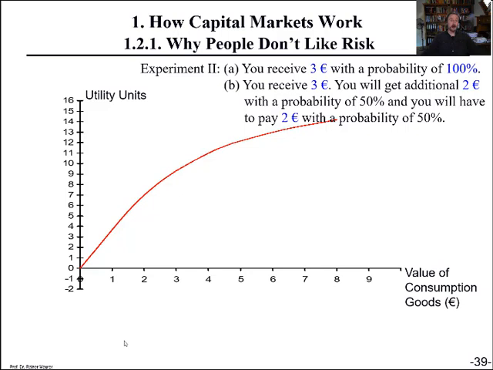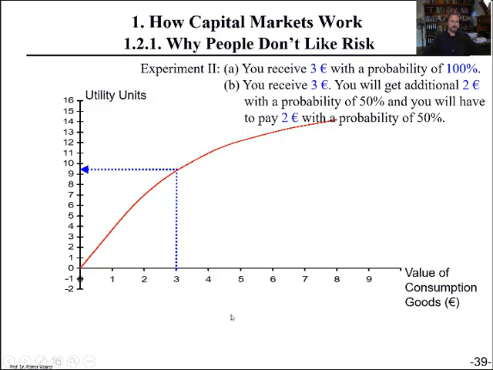To understand why, let's apply such a utility function to our second experiment. The expected payment from the certain option A is €3, which results in a utility level of 9.5 utility units.